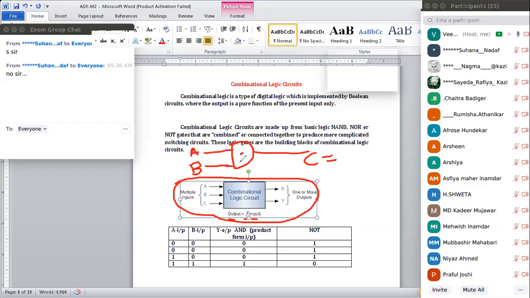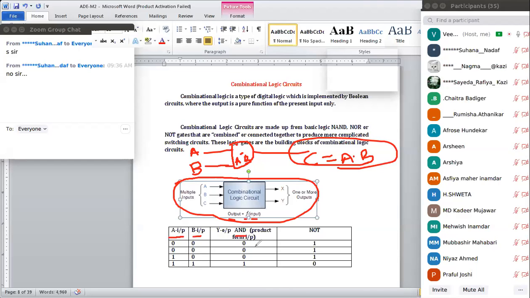So the function is A dot B, so C is equal to A dot B. So C is completely dependent upon the present input of A and B.